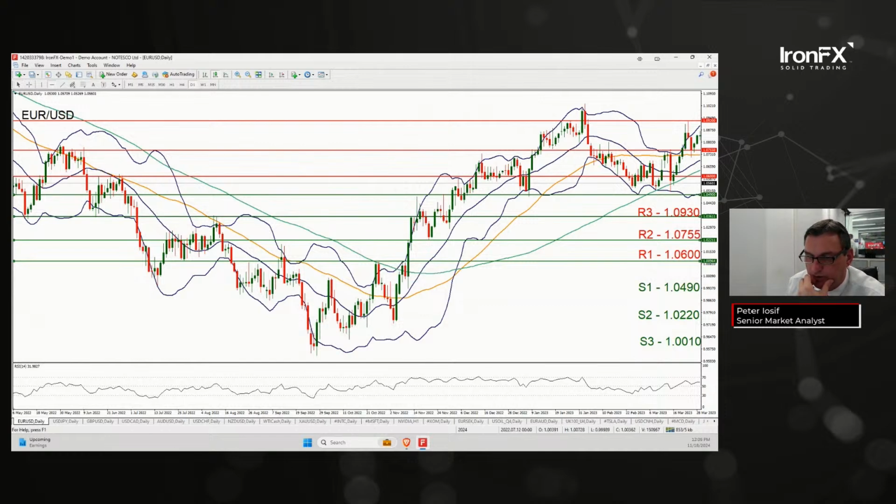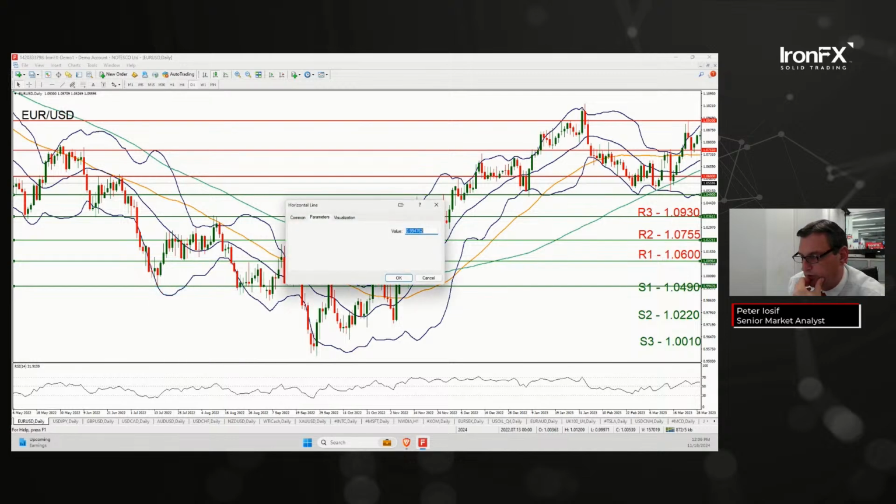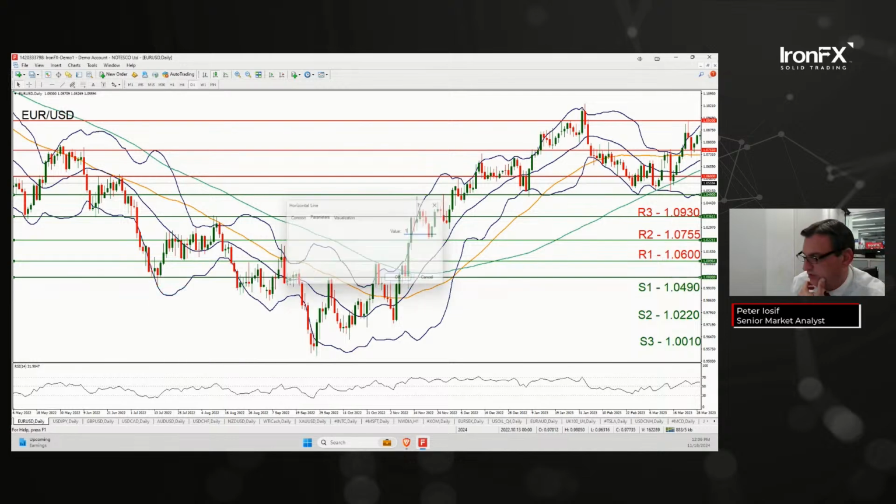Another one right about here. However, that could be rounded up to 50 pips higher. Would be at 1. That's parity level.